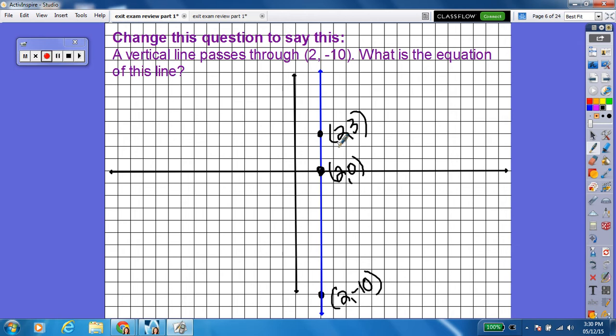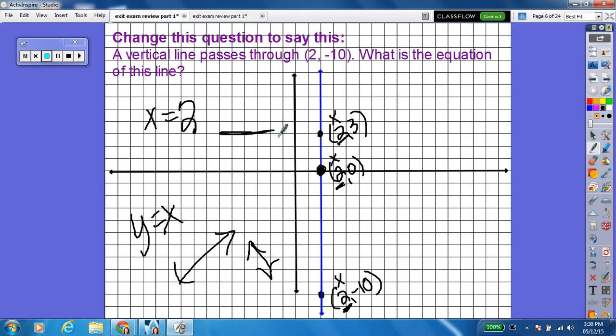What you should be realizing here is that the 2 is never changing, and the 2 is in the position of the x in our coordinate. The equation is x equals 2. Okay? It doesn't have a y-intercept, so it can't have a y in the equation. Remember, equations only have y and x if they're diagonal lines. Okay?